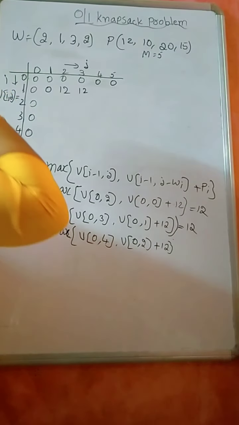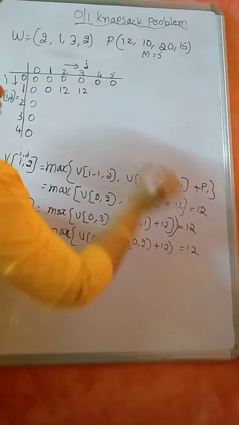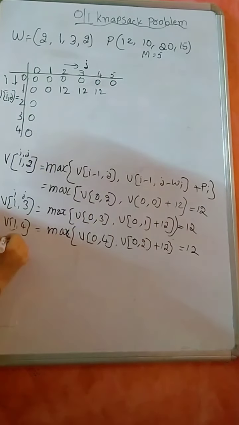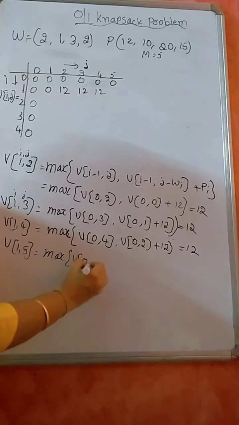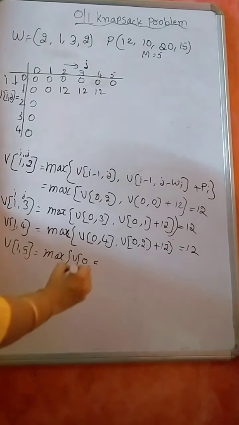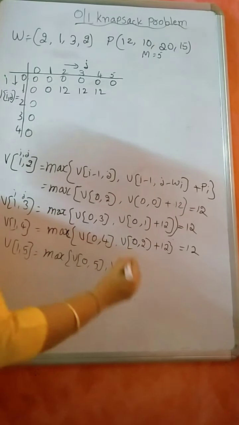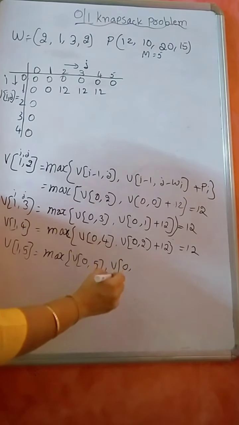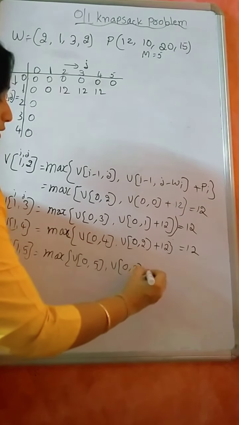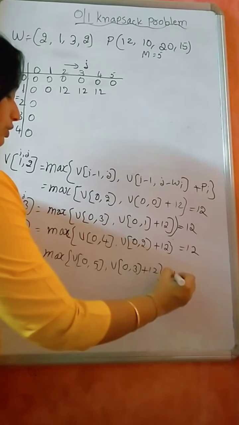Whichever is the maximum, you consider that. So it is 12. Next V of 1, 5. Again it is max of V of 0 comma 5, and V of 0 comma 5 minus 2 is 3, plus 12. So it is how much? 12.